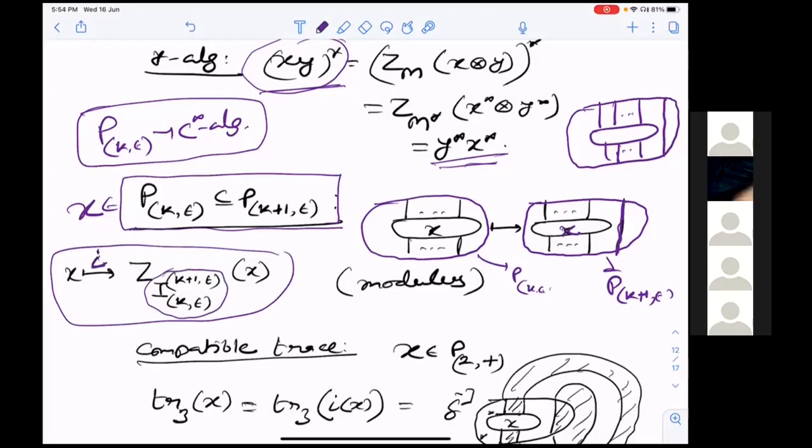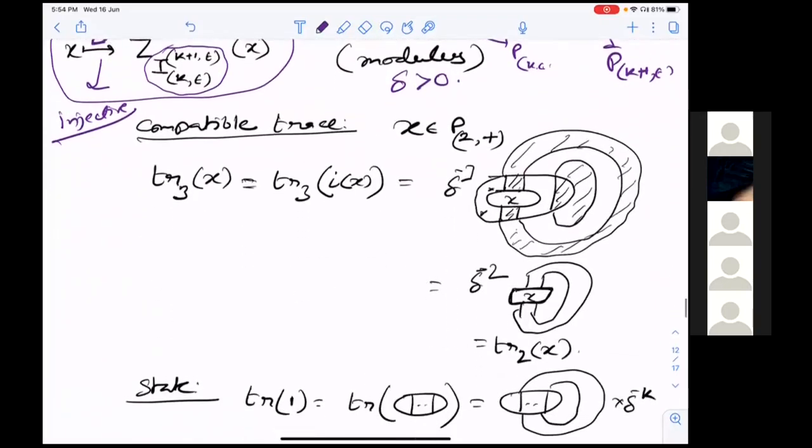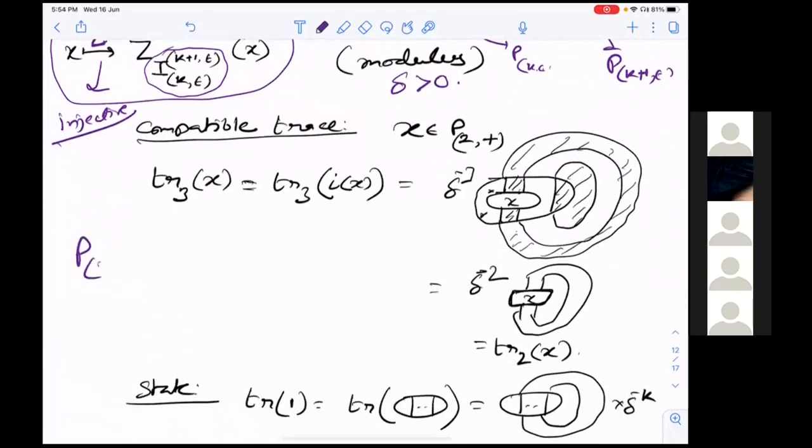And since the modulus delta is greater than 0, one can show that this map is injective. So it is really an inclusion map. Suppose, for example, P_2^+ is a subset of P_3^+.